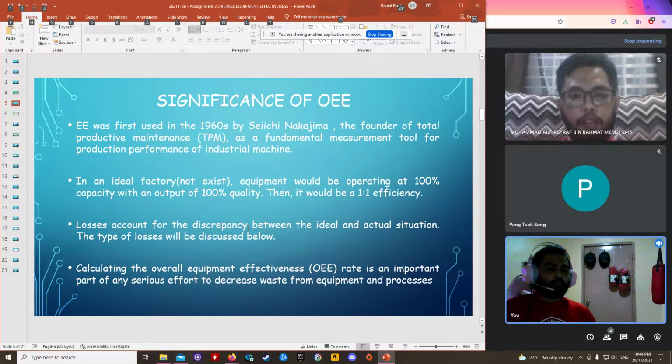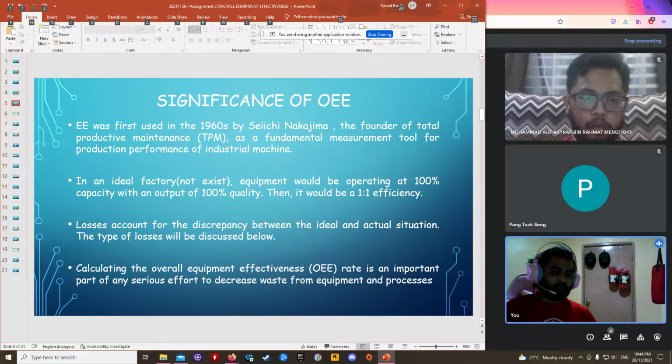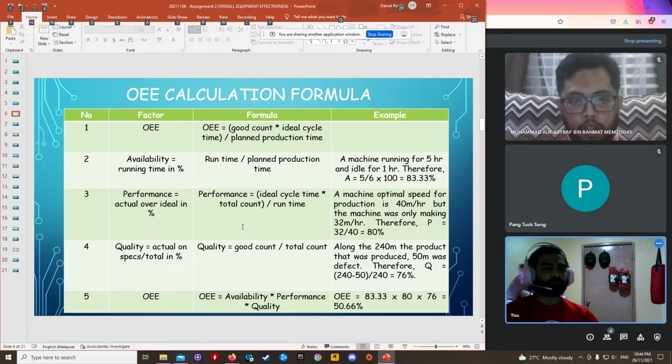And then the losses account for the discrepancy between the ideal and actual situation. This is where OEE plays a part, because we are calculating the ideal and the actual, and when you subtract them, we can see where we need to improve on the OEE.